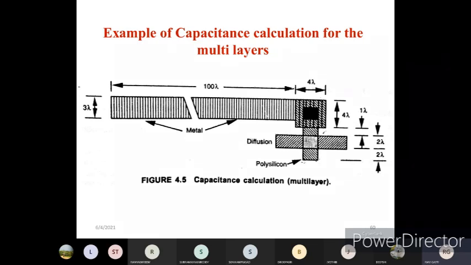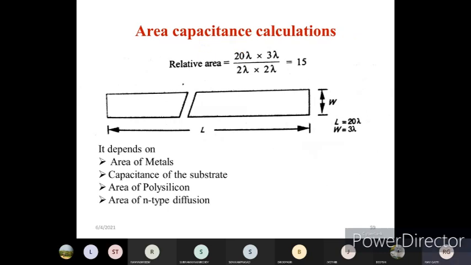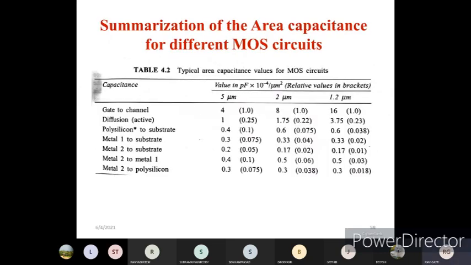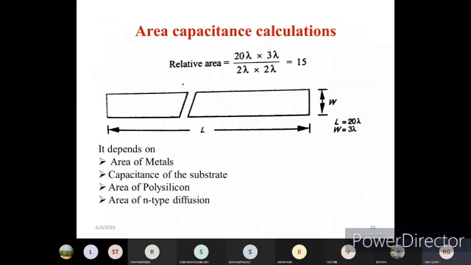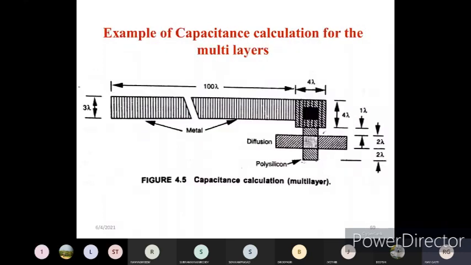We can calculate the polysilicon capacitance by using the polysilicon area multiplied by the capacitance for the polysilicon. The capacitance of the polysilicon in the previous table was 0.4. If I do the calculation, you will be getting 22 into 0.4, so 0.55 unit capacitance.